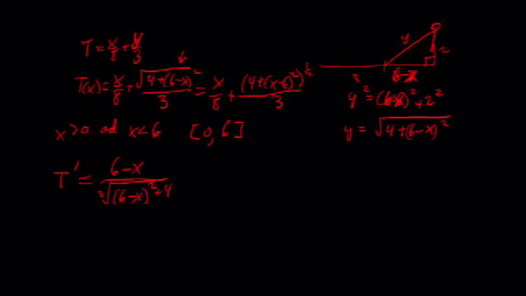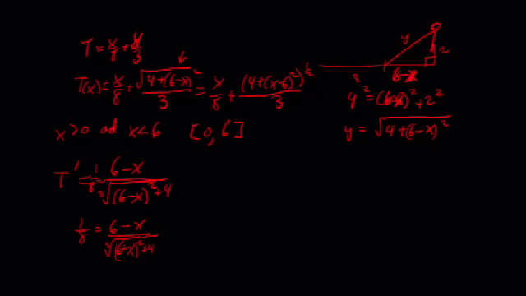I'm going to set this equal to 0. Sorry, it's 1/8 minus that. So I get 1/8 equals 6 minus x over the square root of 6 minus x squared plus 4.